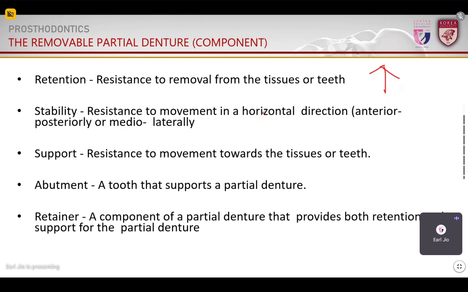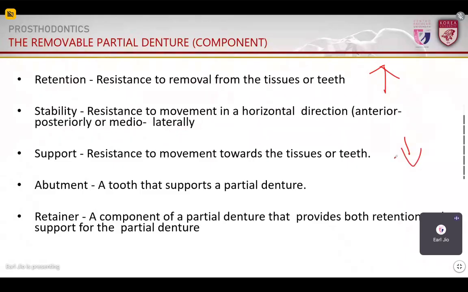Ibig sabihin, ang isang denture na stable, dapat walang rocking movement, no tilting or no rotating movement under mastication. Dapat stable siya. Okay? When we say support, it is the resistance of movement towards the soft tissue, pababa.